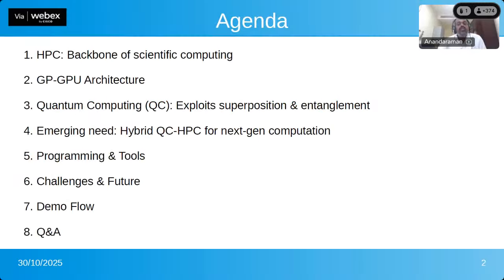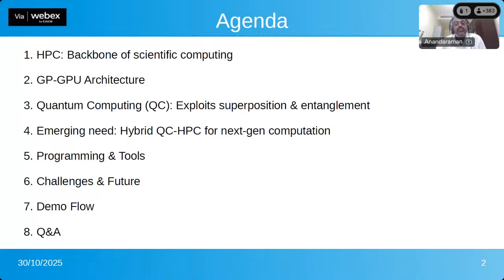Today we will discuss what is HPC, what is the background of HPC, why HPC is needed, and how GPU is coming into HPC for accelerating HPC. Accelerated supercomputing. Then we will discuss quantum computing and accelerated quantum supercomputing.